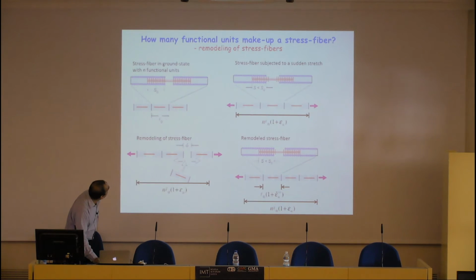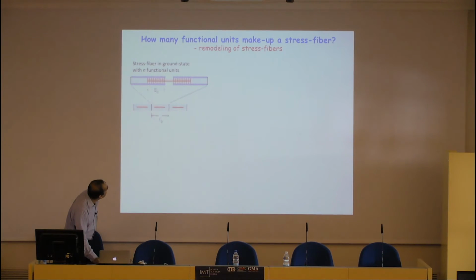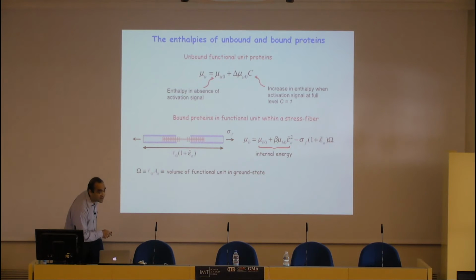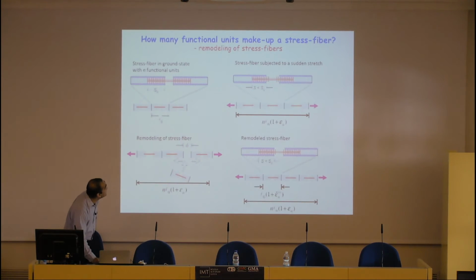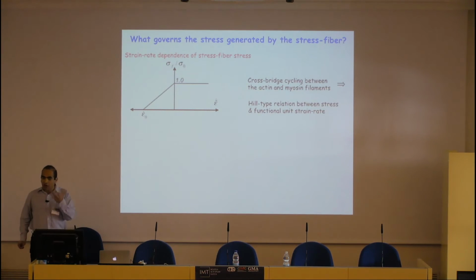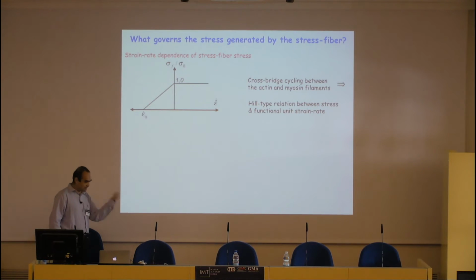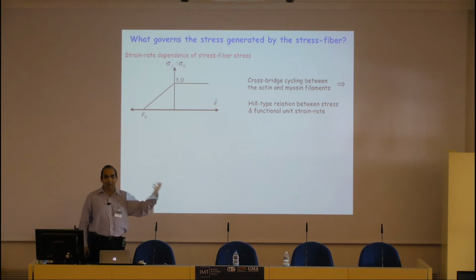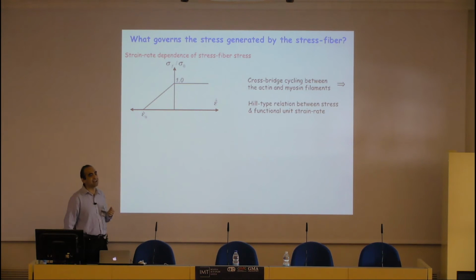Now you say, where does this term that we had, this sigma S, this particular stress, come from? What governs that stress? You need some kind of a stress-strain relationship or stress-strain rate relationship. And that also is well known. There's a lot of things that are well known about these stress fibers because they're muscles, right? There have been hundreds of experiments done from the early 1910s.